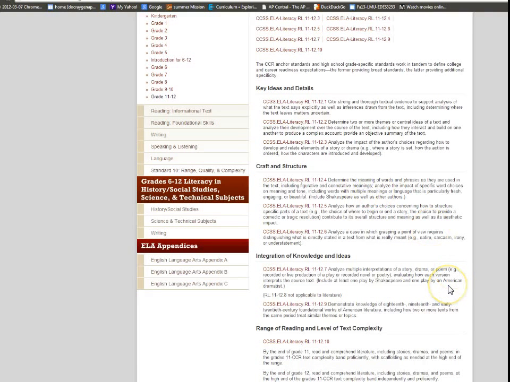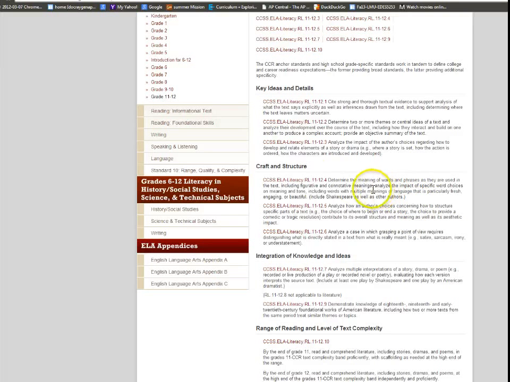Standard 4. Determine the meaning of words and phrases as they are used in the text, including figurative and connotative meanings. Analyze the impact of specific word choices on meaning and tone, including words with simple meanings or language that is particularly fresh, engaging, or beautiful. Include Shakespeare as well as other authors.